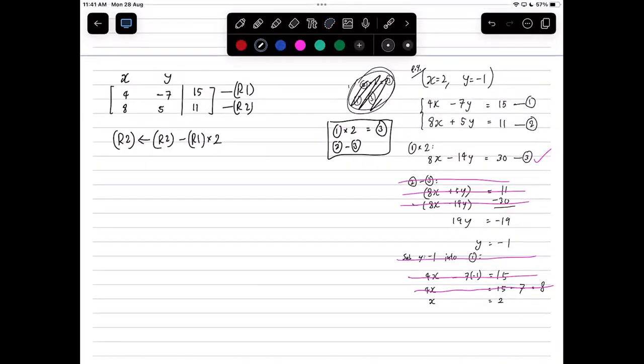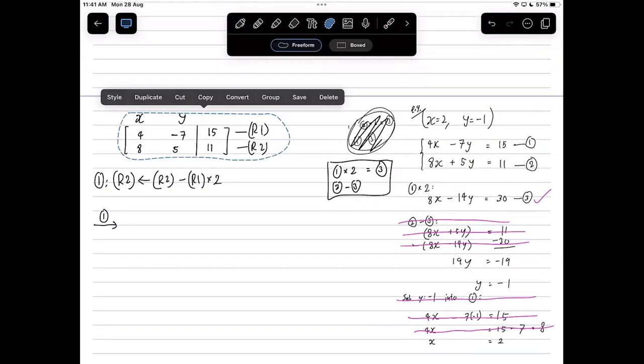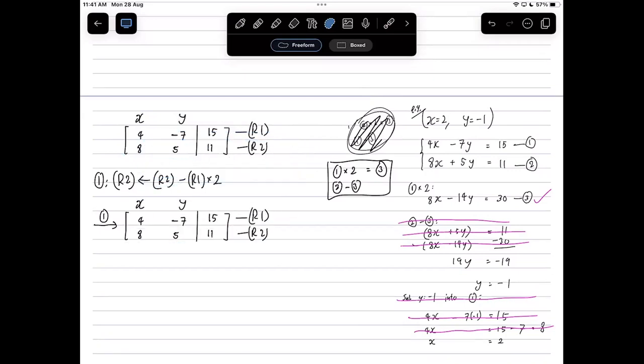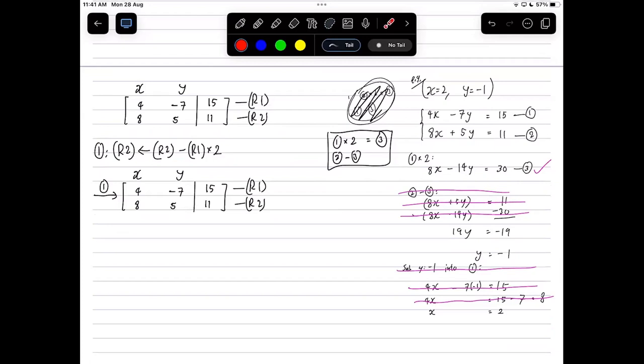I will write this as action number 1, then draw a single arrow here, I put a 1. And then I update the matrix. We're going to replace row 2 with row 2 minus 2 copies of row 1.